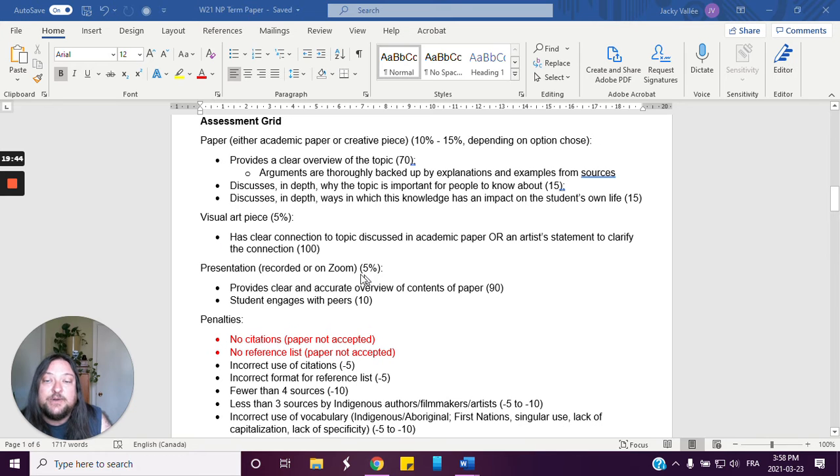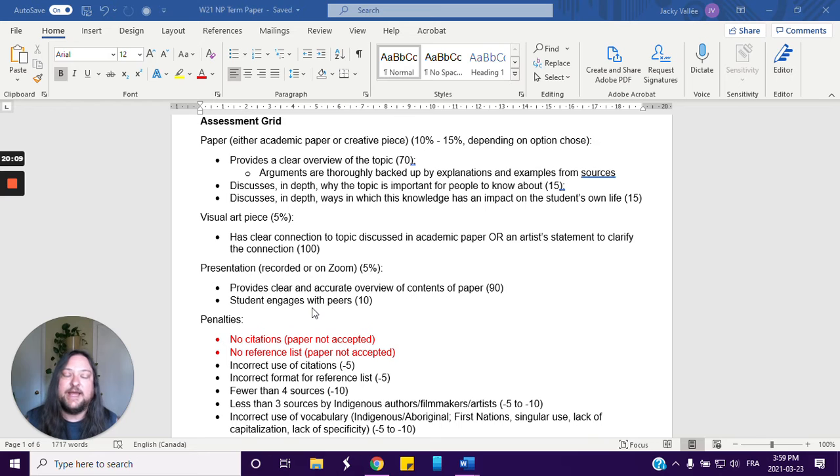And similar with the presentation, right? So the presentation, either if it's pre-recorded or done on Zoom, as we'll discuss for the people who choose this option, needs to provide an accurate and clear overview of what was in the paper, right? And that's most of your mark. The whole idea with this format is that there's engagement between the people that are there.